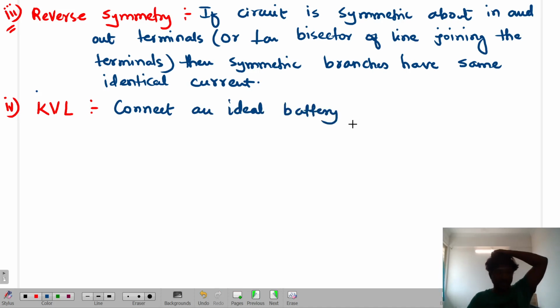But we will understand how to use KVL in a much better way, because this is not just one statement. So connect an ideal battery of zero resistance. Ideal battery means zero resistance.